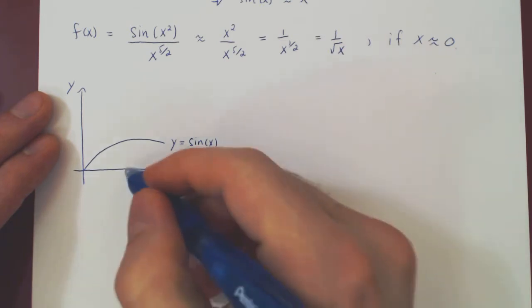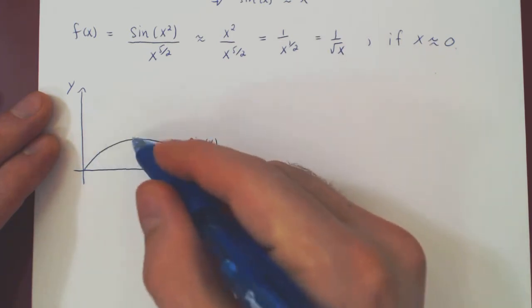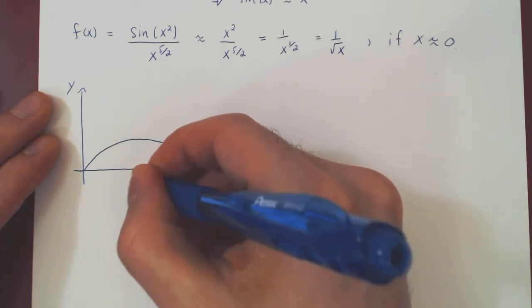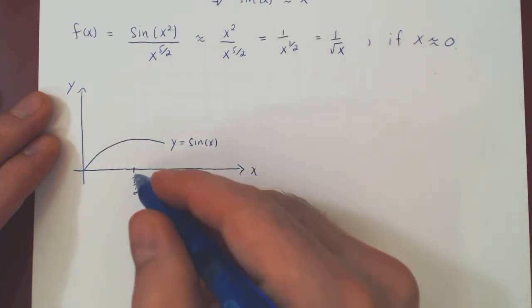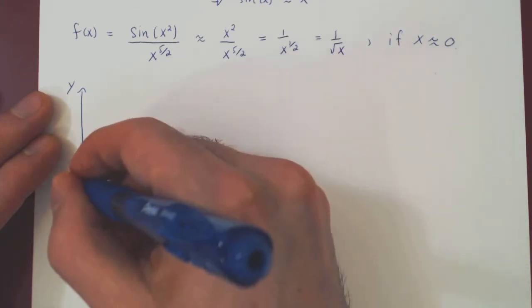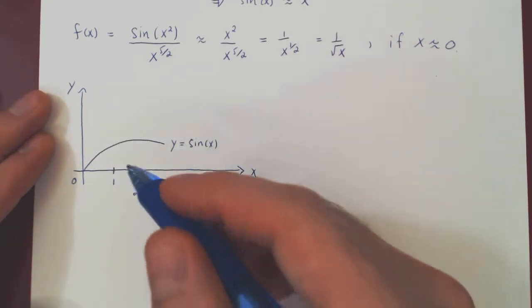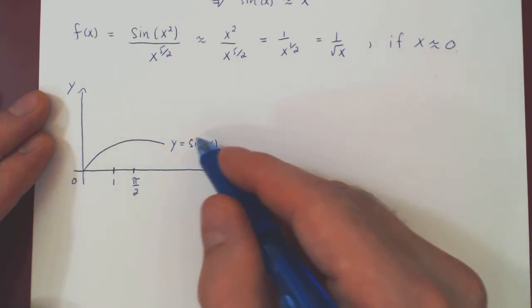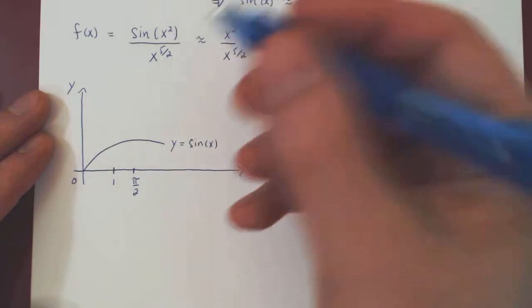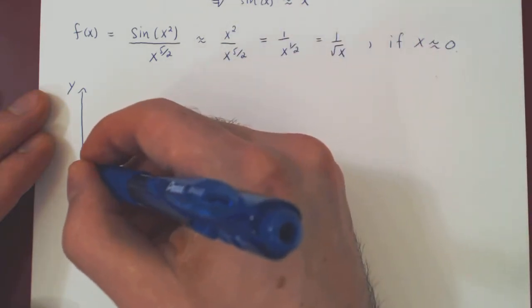We know that sine reaches its maximum value of 1 at pi over 2. Well, pi is larger than 2, so this is slightly larger than 1, so 1 will be roughly here. And you can look at the tangent line to sine of x at x equals 0. The tangent line happens to be simply y equals x.